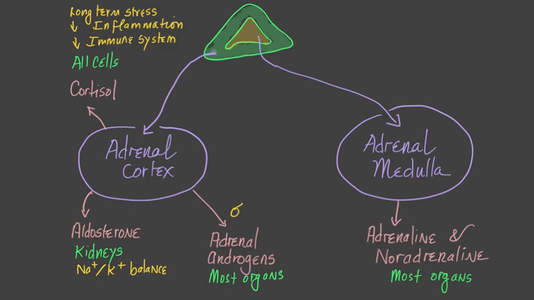It helps the body to retain sodium and get rid of potassium. Adrenal androgens, they emphasize the male characteristics of a person, both in males and in females. They increase libido and body hair. The adrenaline and noradrenaline prepare the body for immediate stress by raising the heart rate and the respiratory rate.